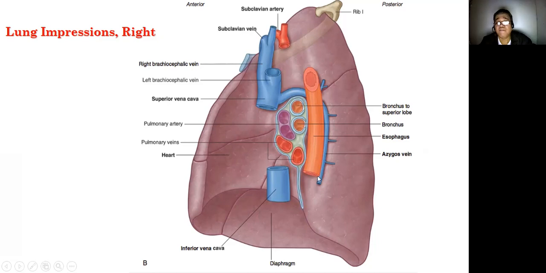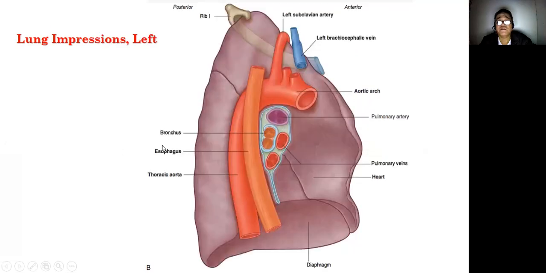And within the hilum, you have the different arrangement of the bronchus, the pulmonary artery, and the pulmonary vein. This is the left lung and the left mediastinal surface.